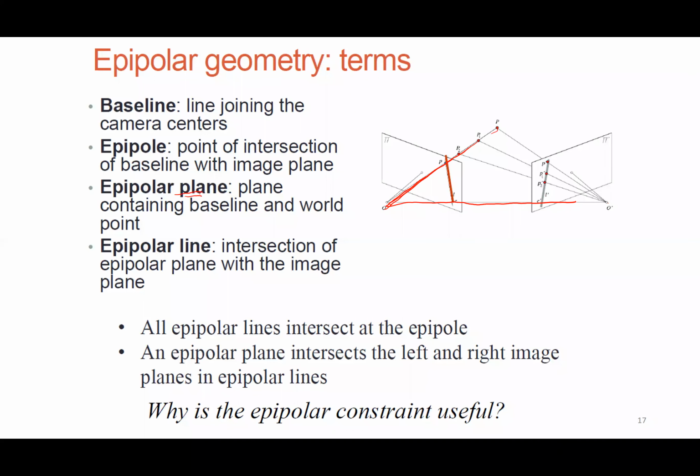And these two are called epipoles. Of course, this is the center of projection for the first camera, and this is the center of projection for the second camera, and the line connecting them is referred to as the baseline.